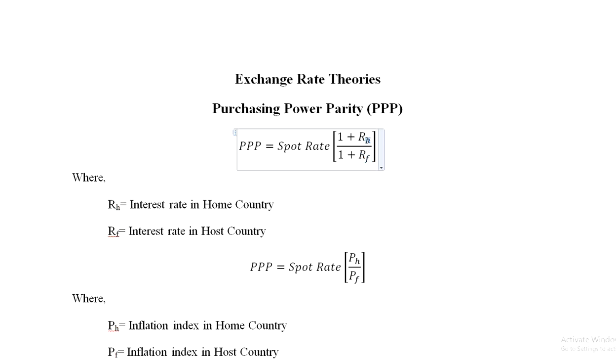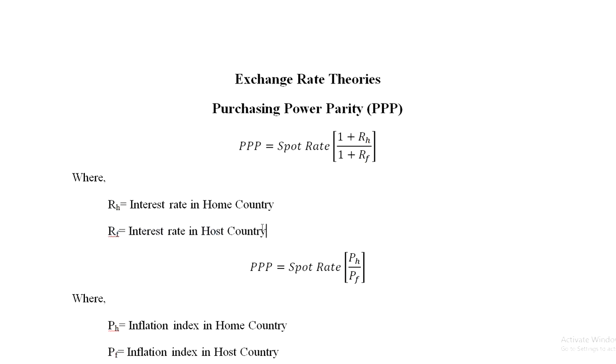The special thing is all about this H and F. I have given the details over here. RH is equal to interest rate in home country, right? So R stands for interest rate and H stands for home country, whereas R stands for interest rate and F stands for host country.